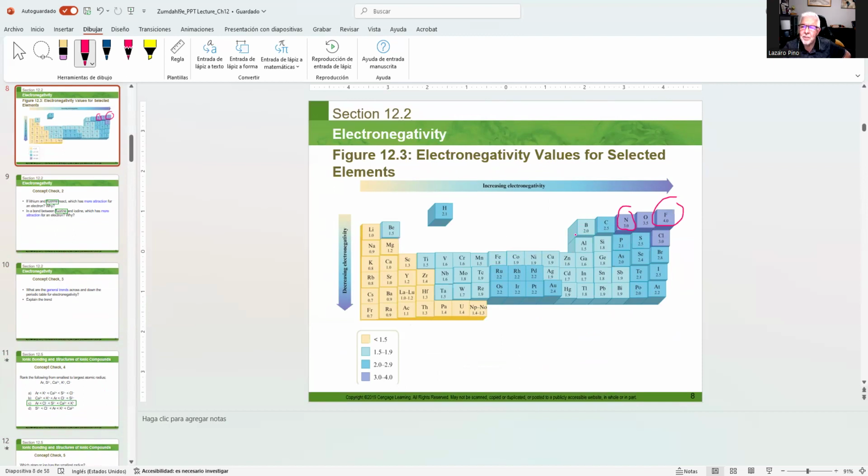Then it's only possible for boron to have 3 electrons, and it's okay for it. Sorry, not 4. This is incorrect. It has 3 valence electrons, and it's okay this way for boron.